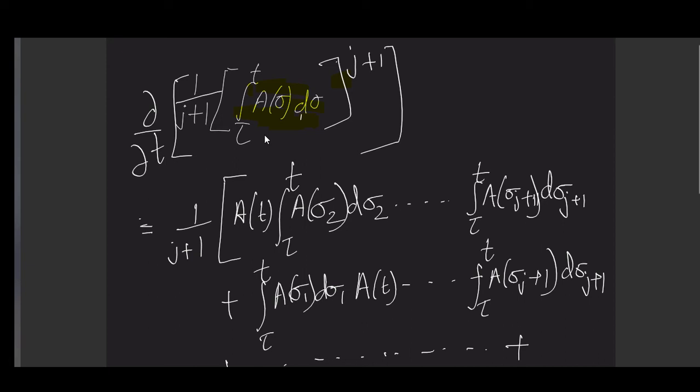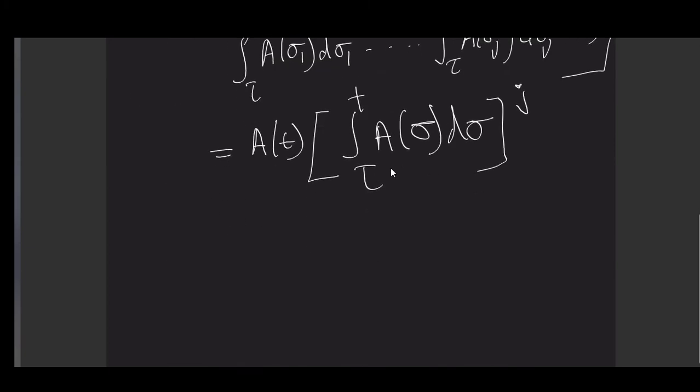If you keep on differentiating, you will get this kind of thing, and eventually it will result in this. So we use that identity to reach this stage. So hence we have proved what we were asked to prove.